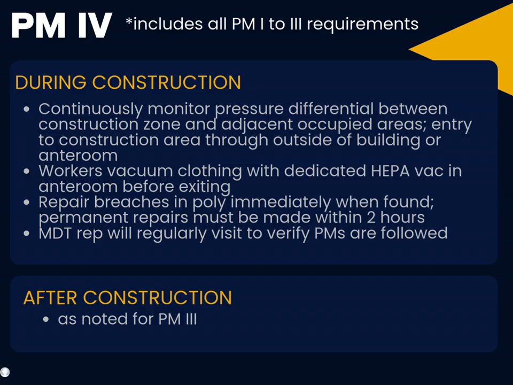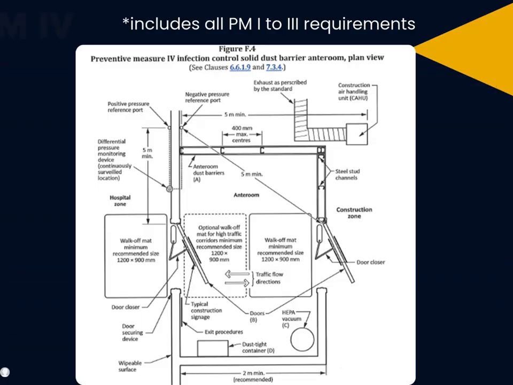During construction, follow all Preventative Measure 1 to 3 requirements in addition to ensuring entry to the construction area is through the outside of the building or through the anteroom. Workers must vacuum clothing with a dedicated HEPA vac in the anteroom before exiting or follow appropriate PPE procedures before entering patient care areas.